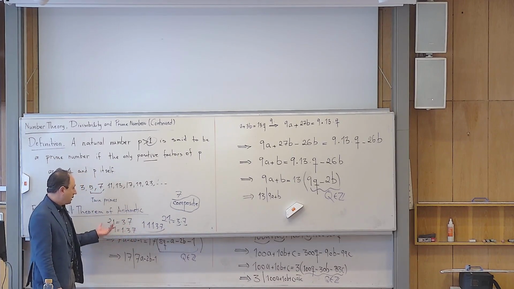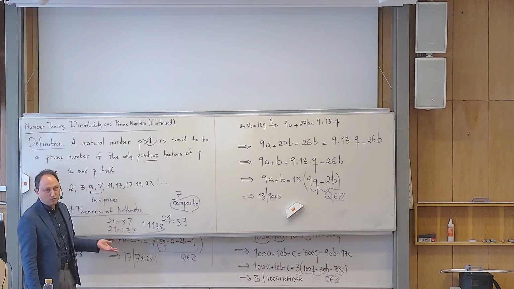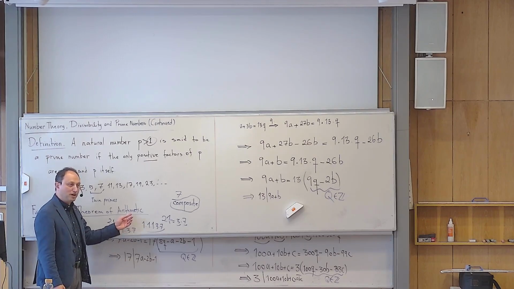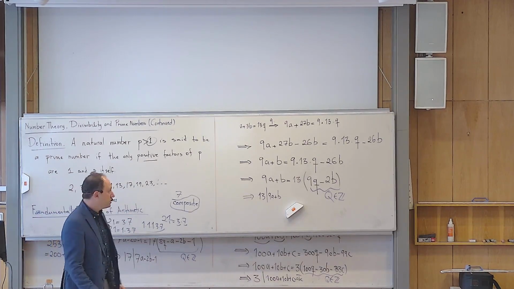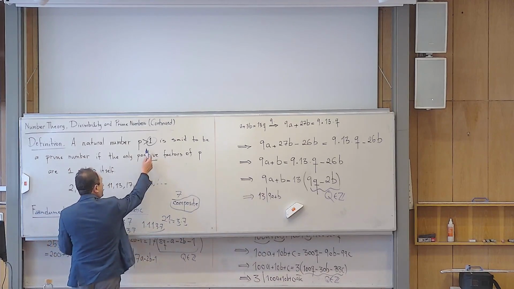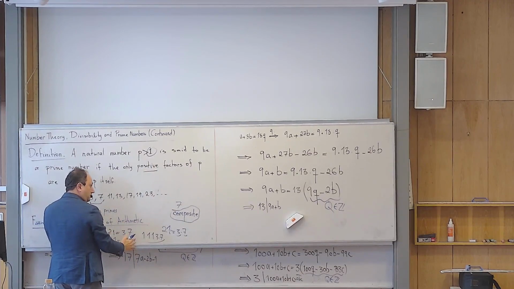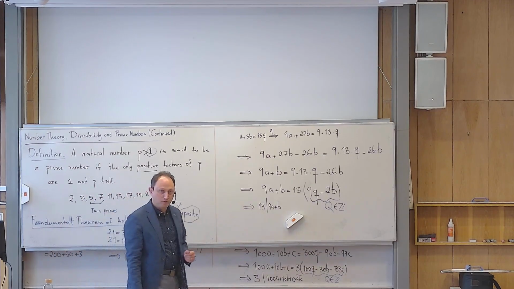So if I ask you in the exam to write 21 as a product of prime numbers, either you write 3 times 7 or you write 7 times 3. And if you respect the order from a smaller number to a bigger number, then everyone writes exactly the same thing. So to keep the uniqueness of this theorem, the price that we have to pay is to exclude 1 from being a prime number.